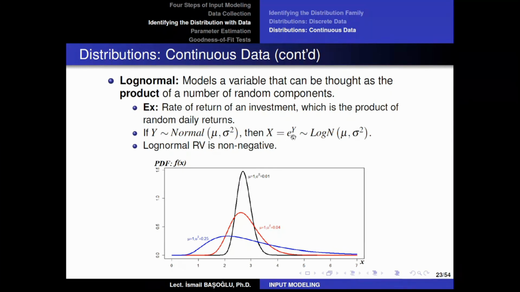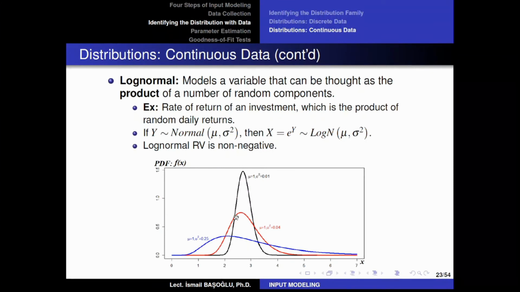Why? Because if you take the exponential function of anything, it should be non-negative, right? E to the power of something can never be negative. And what kind of shape does it have? As you can see, it can never be negative, and the distribution looks like the gamma distribution. So we start from here. We do not have a left tail. We start from 0 in a convex shape.